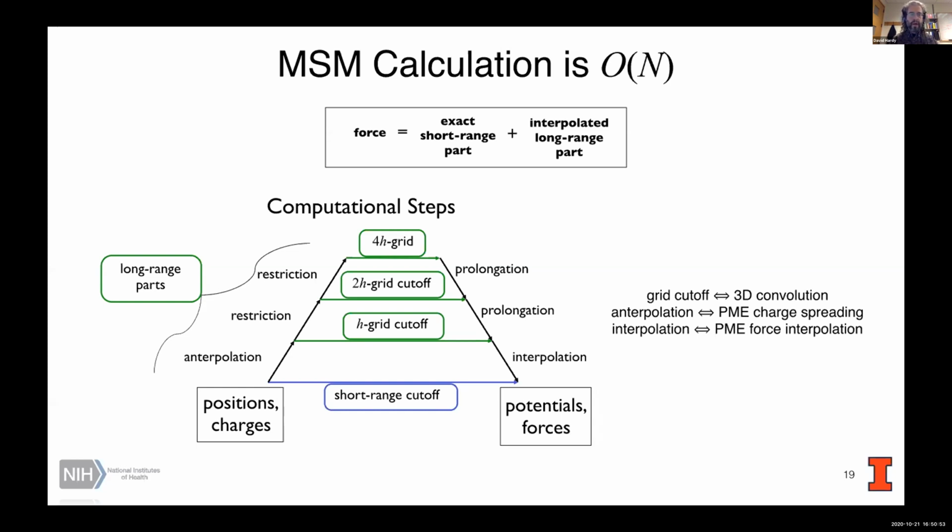And then when you're at the grid levels, you have these familiar restriction and prolongation operations, just like you do with a multigrid problem. But then the added work here is this grid cutoff calculation that you're performing. And this is simply a 3D convolution where you're convolving the grid charges with a fixed convolution kernel to get grid potentials at each of these levels.